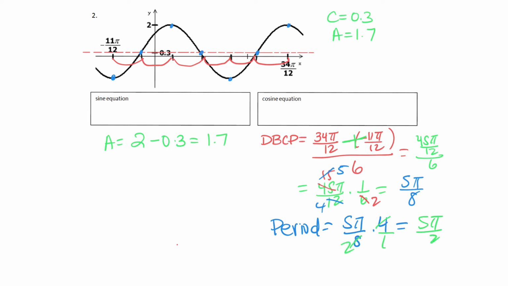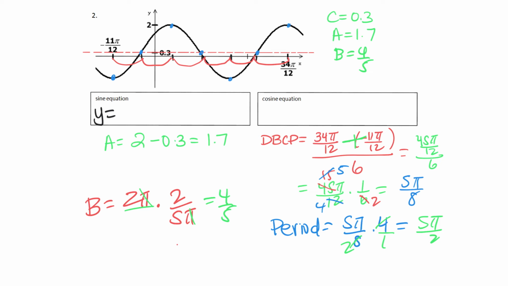And now I can figure out my B value. My B value is going to equal 2 pi divided by the period, which is the same thing as 2 pi times the reciprocal of the period. The pi's cancel, and we end up with 4/5. So B is 4/5.